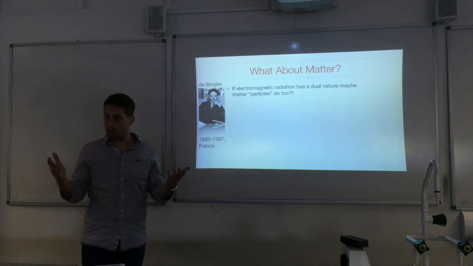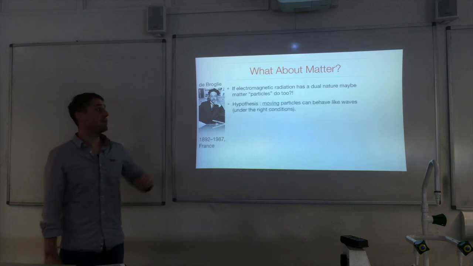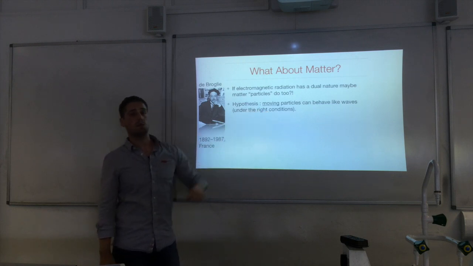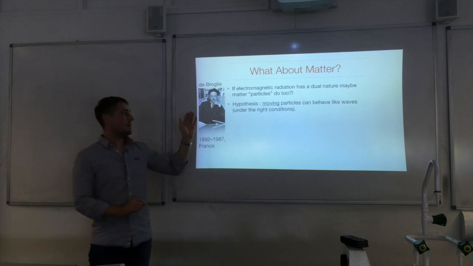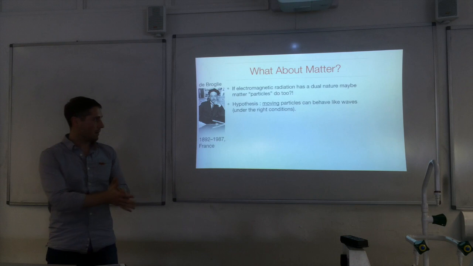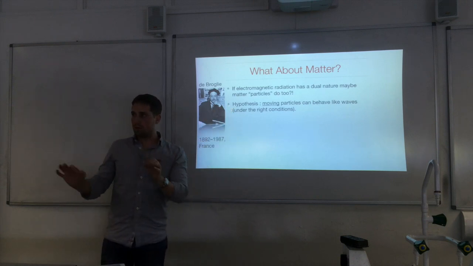Maybe they have a wave nature, or they can behave like waves as well. So the hypothesis that he stated was that moving particles can behave like waves. It's important that they're moving because their wavelength is going to be related to their momentum. Okay?